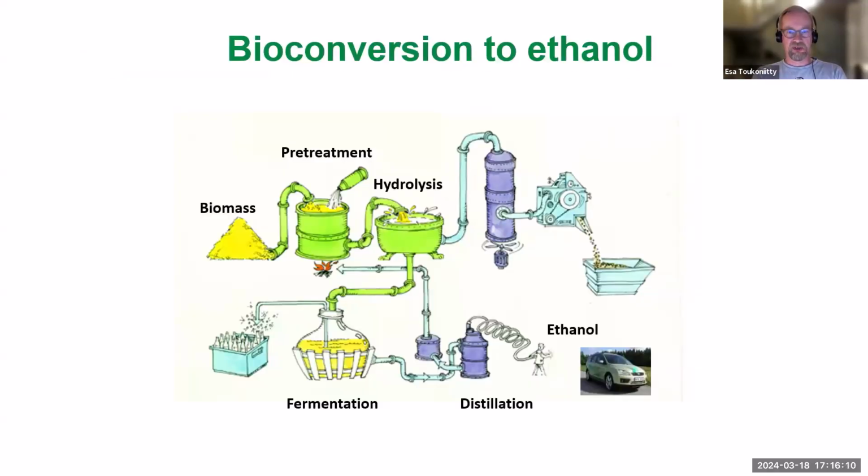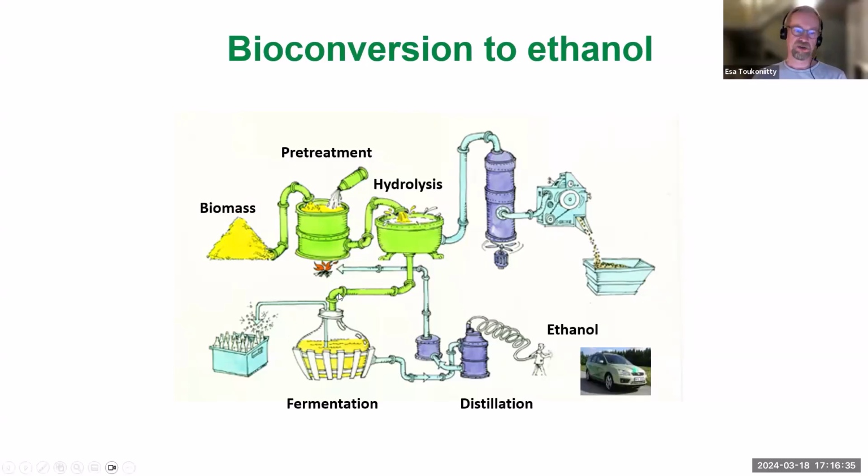This is just a simplification of the bioconversion process, how to make ethanol. There is nothing that special, I suppose. There is the biomass, pre-treatment, hydrolysis, where you get out the sugars that the yeast can ferment.